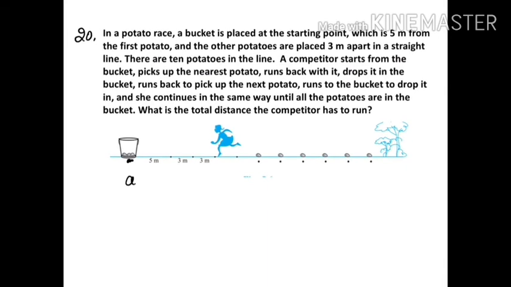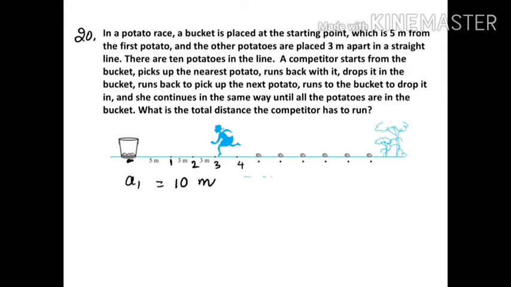So A1 is the distance that the competitor runs to pick up the first potato. The first potato is over here, second is here, third, fourth. So the competitor will cover a distance of 5 meters, pick up the potato and then run back 5 meters. So the total distance competitor covers to pick up the first potato is 10 meters.